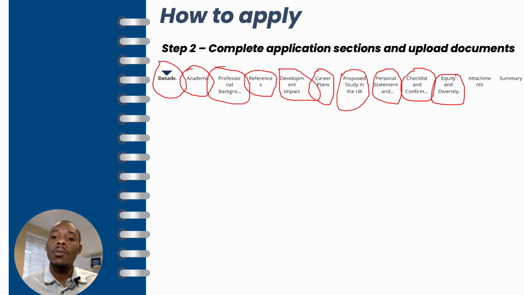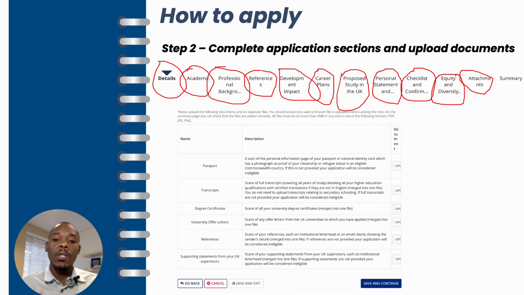Then the section that follows will be the attachment, and this is what you need to attach. So for all the scholarships, either the master's or the PhD scholarship, you will be required to submit this document, except the last one, which is only applicable to PhD. So before you submit your application, you'll be required to submit your passport.